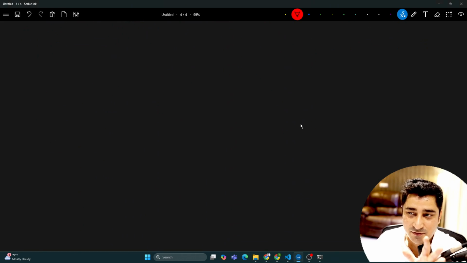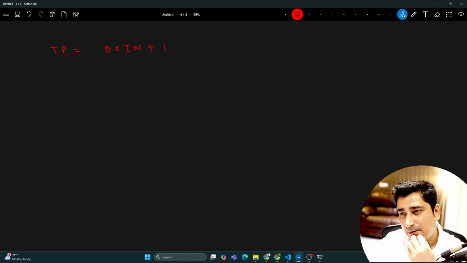So the formula is very simple. Even manually you can calculate it. That's not an issue at all. Trainable parameters are nothing but the number of input neurons times the dense units, plus the biases.